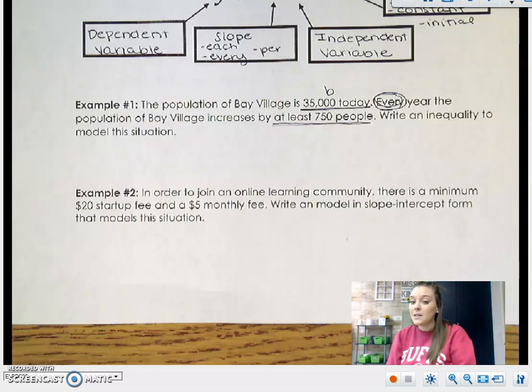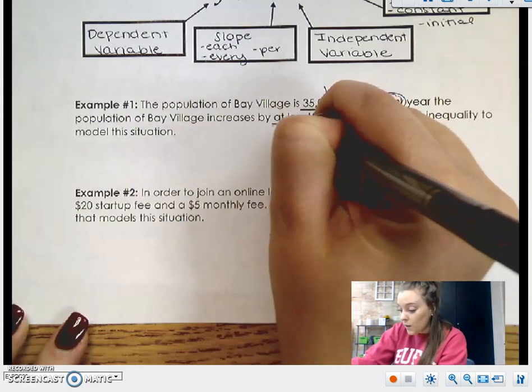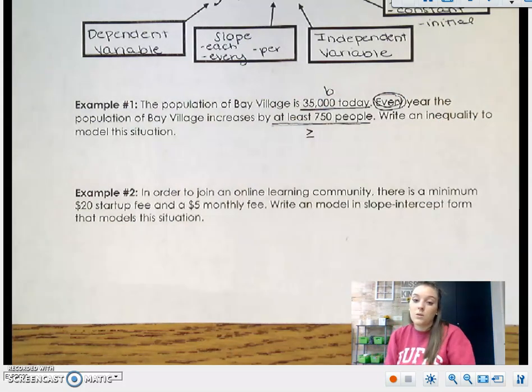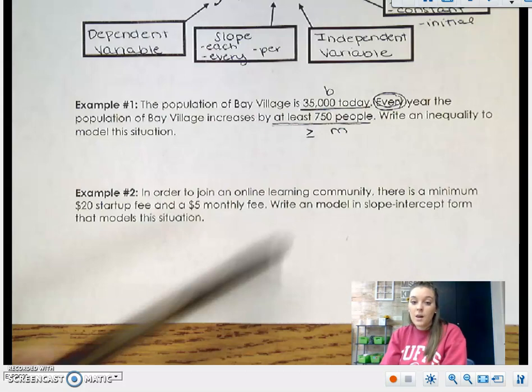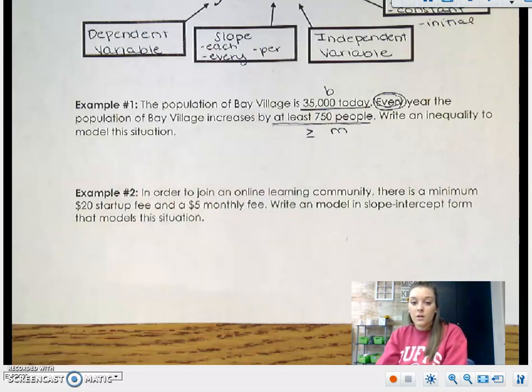So at least tells me that it has to be greater than or equal to, because it could be 750 people or more. So we need to write an inequality, and we know that 750 is going to be my slope. At least, we are going to use the greater than or equal to.